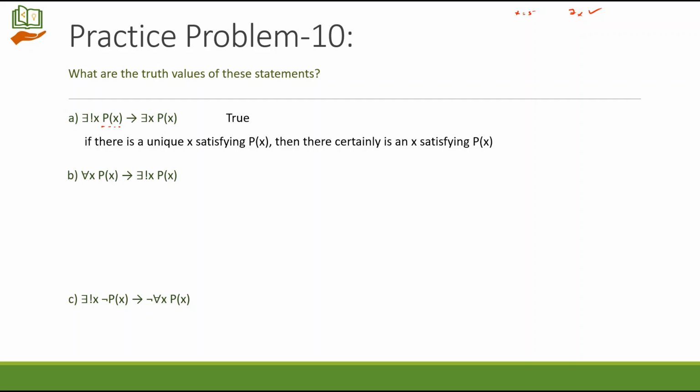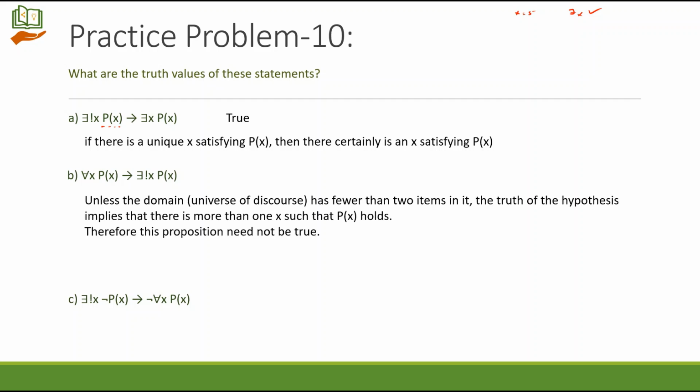Now let's get into for all X P of X. How do you translate this? This is: if P of X is true for all values of X, then there is one unique value for P of X. Unless the domain has fewer than 2 items in it, the truth of the hypothesis implies that there is more than one X such that P of X holds.